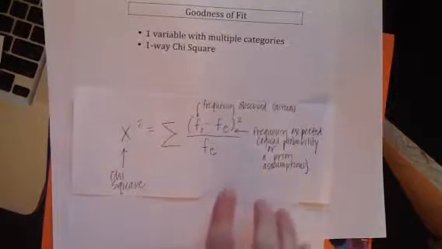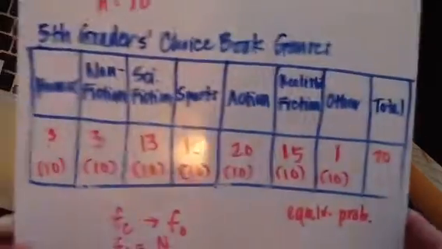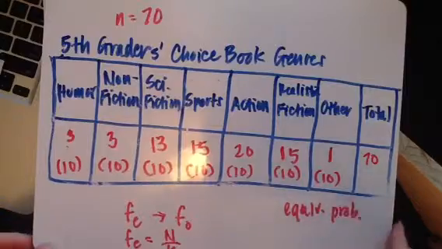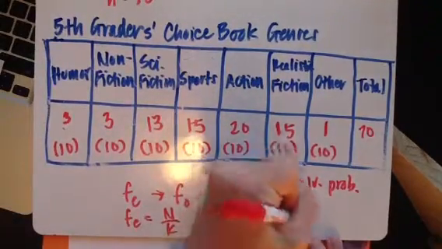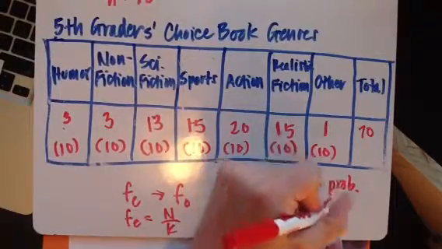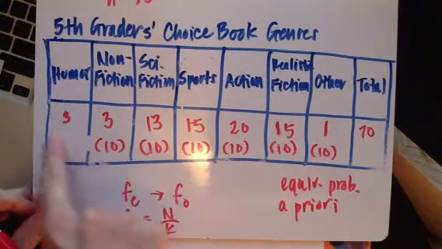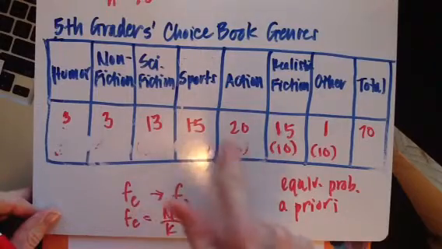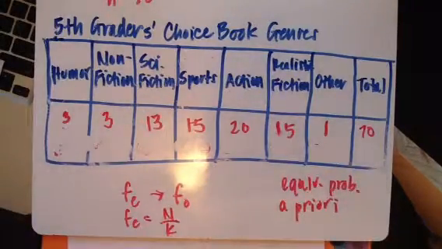Now, in the situation we just gave, we had equal probability. So our expected frequency for each of the categories was the same. Now, we don't have to do it that way. The other way is to do what's called a priori expected frequencies. And that would be if we had some prior observations or prior research upon which we could establish our expected frequencies, then we would use that instead.